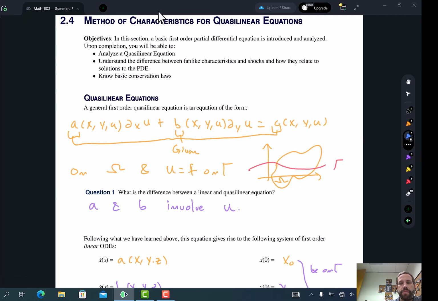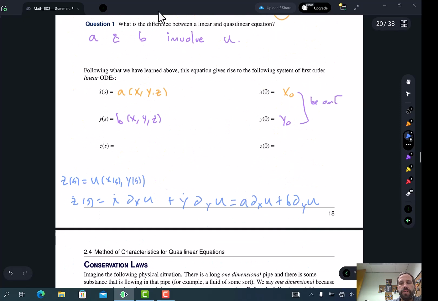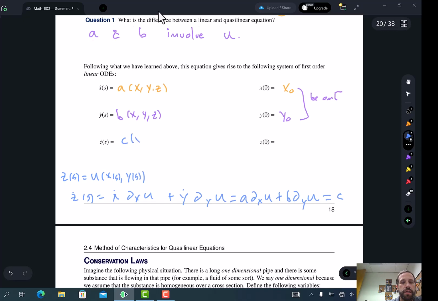And if I look up at the PDE, that's just going to be equal to c. So z dot is equal to c of x, y, z. And z of 0 is just going to be u of x naught, y naught. Okay, so this is still a system of first order differential equations.